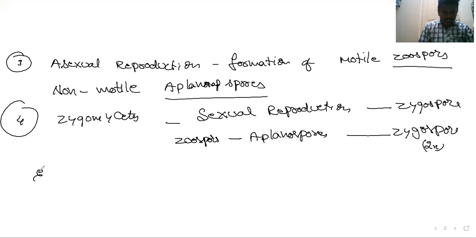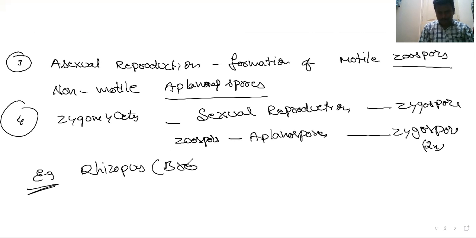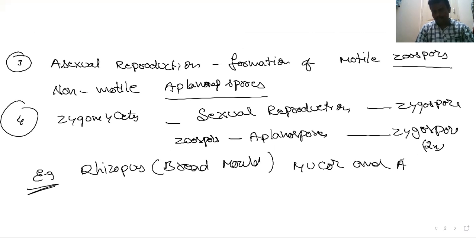Examples of zygomycetes are Rhizopus, also called bread mold, Mucor, and Albugo.